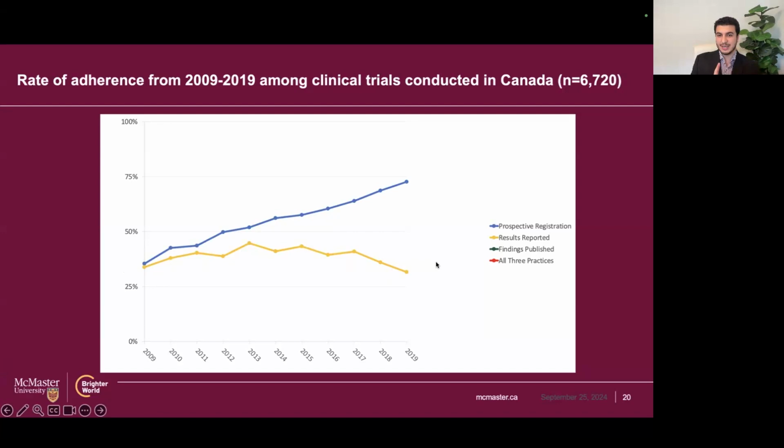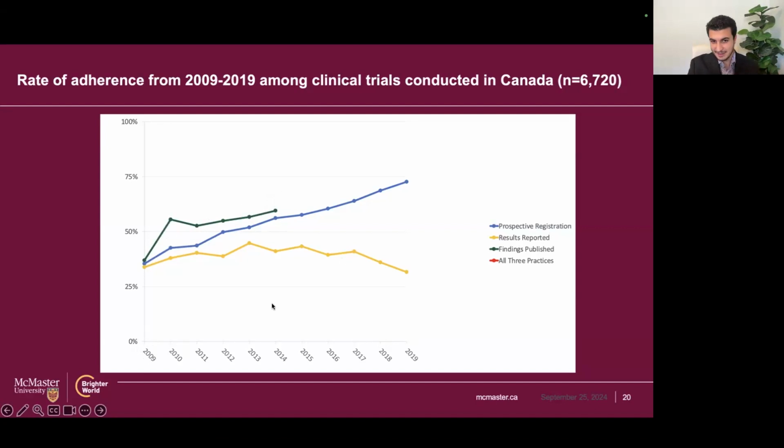But I will bring your attention and just say we have to analyze these graphs carefully because let's just say a paper was completed in 2018 or 2019, and we collected our data in, say, 2021, we would have given those researchers only 1 to 2 years to report their results and publish their findings. Whereas people who completed their paper in 2009 had about 10 years to do so. So just interpret this graph with caution. And now for publishing their findings, you could see an upward trend.